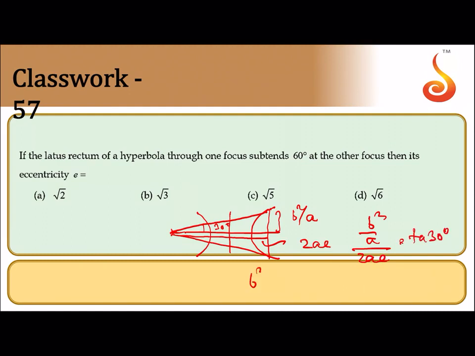Similar problem. So b square by a divided by 2ae is equal to tan 30 degrees. And we know b square is equal to a square, e square minus 1. Solving these two, we get the required eccentricity.